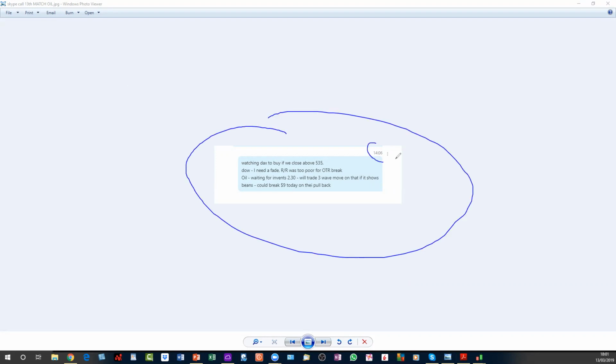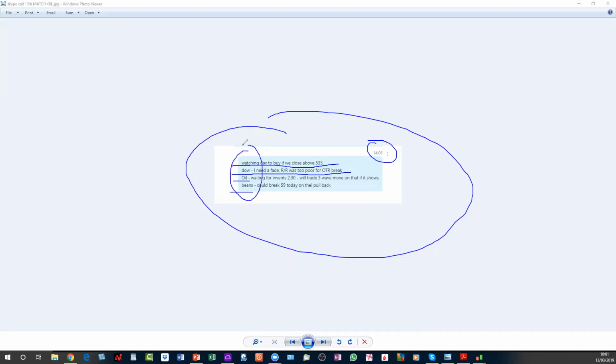This is 6 minutes past 2 UK time, and I said I was watching the DAX for a buy at 535. I was having problems with the Dow because it was taking a long time to set up, but I was watching beans and oil. So let me show you what I'm looking at.